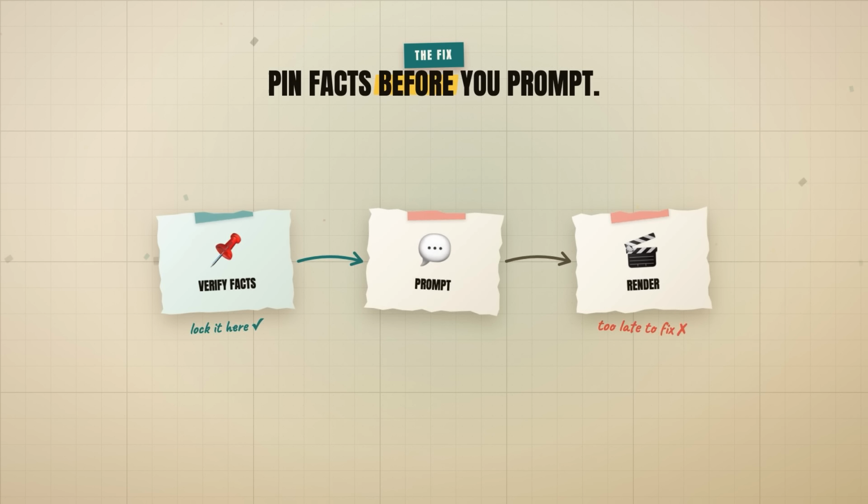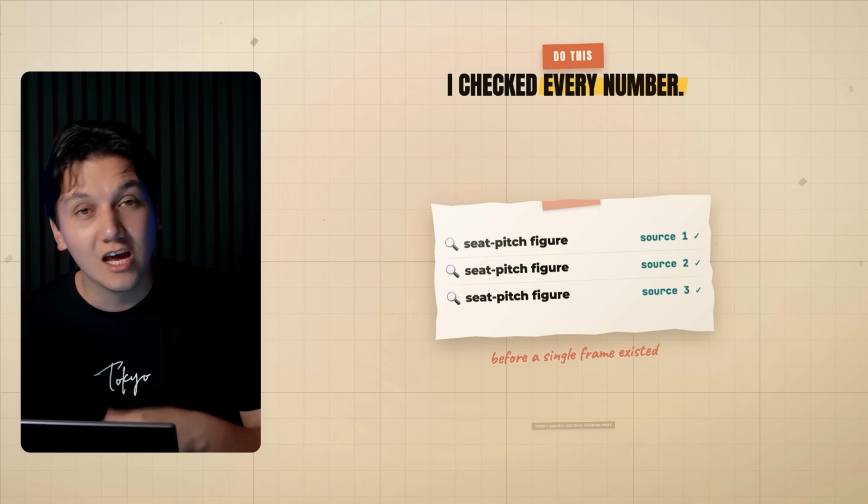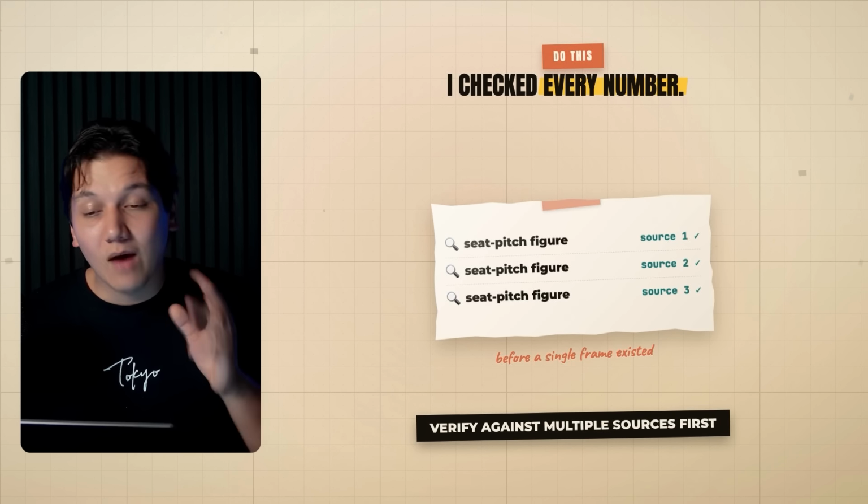It's rendered into the graphic in a style that's built to look authoritative. And also, fixing it basically means regenerating the shot, okay? So pin your facts down before the prompt, not after the render. Super, super important. And also, I checked the numbers in the video against multiple sources before a single frame existed. Now, I want you to do that.